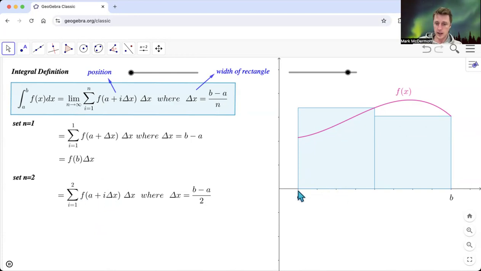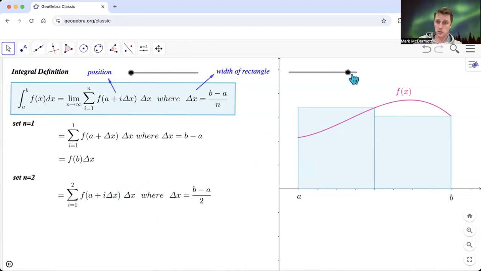If we take a, which is this point here, plus, let's set i to be 1, a plus delta x. Remember, delta x is the width of the rectangle. So a plus delta x gets us to this position here. It's going to be halfway. So this is going to be the height of the rectangle at f of a plus 1 times delta x. So that's here. That's the halfway point.